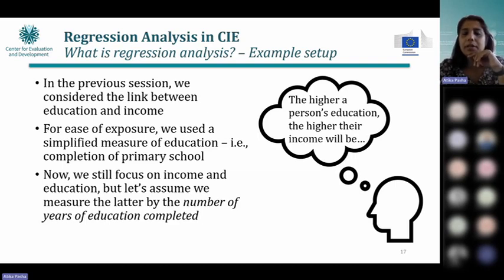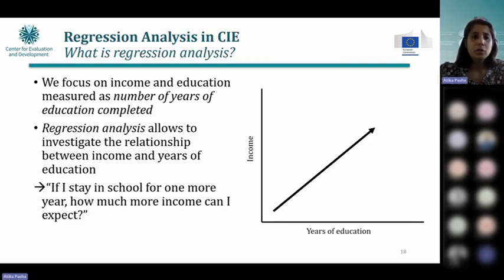Now, let's say we are interested in not just the dichotomous variable of whether you've completed primary education or not, but now we're interested in the years of education completed and how that affects income. So effectively, if one were to look at this graph, you would just put years of education here.